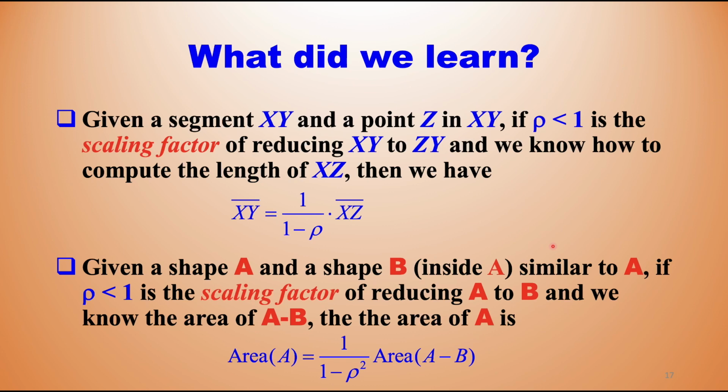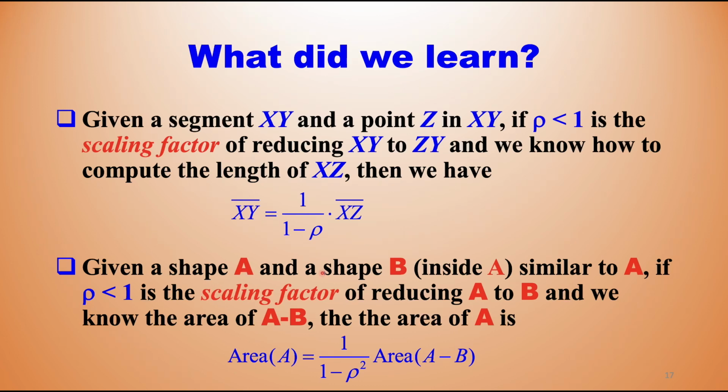So what did we learn? Given a line segment xy and a point z in xy, if rho is the scaling factor of reducing xy to zy, and we know how to compute the length of xz, then xy is this. Replacing segment by shape, then we have this.